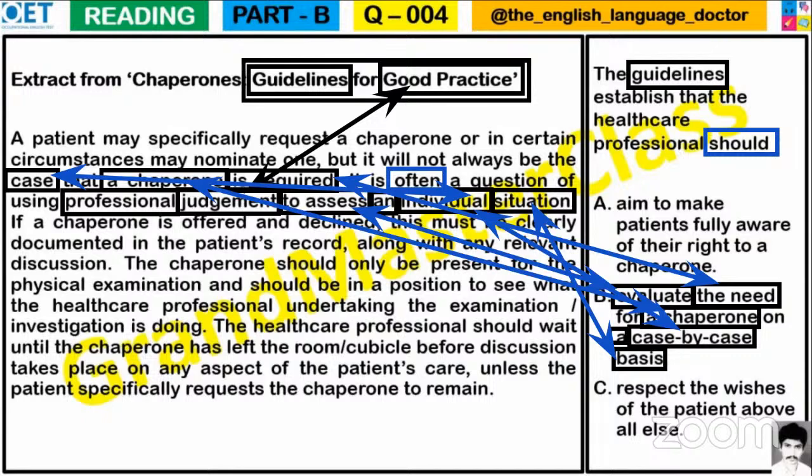So you have to analyze the question properly.